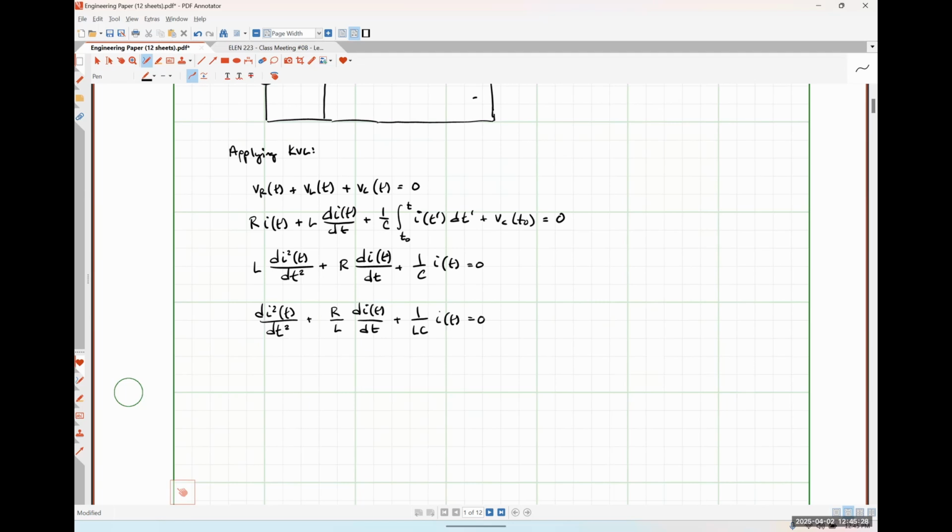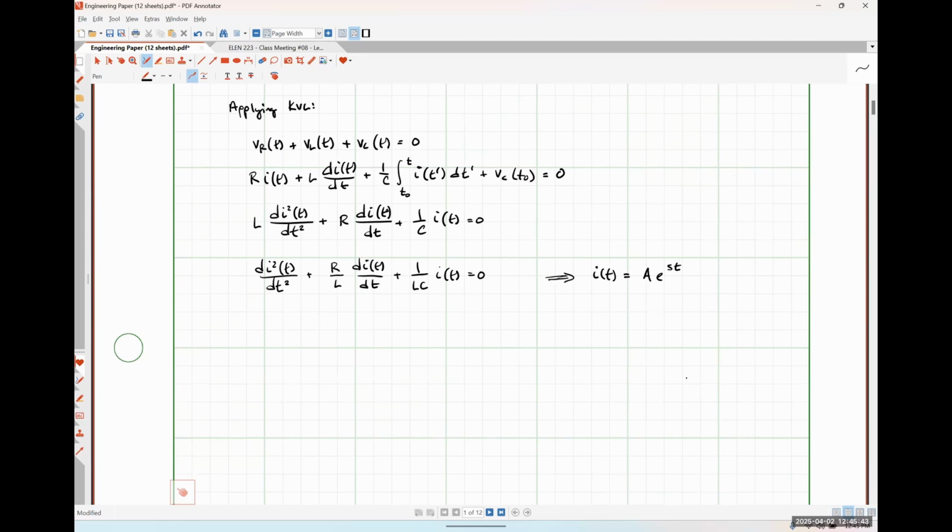is equal to 0. And just like we did in our last class meeting, we're going to assume that our current in this case is of the form A e^(st). Substituting that in, that's going to give us the relationship s squared A e^(st) plus s times R over L A e^(st) plus 1 over LC times A e^(st) is equal to 0.